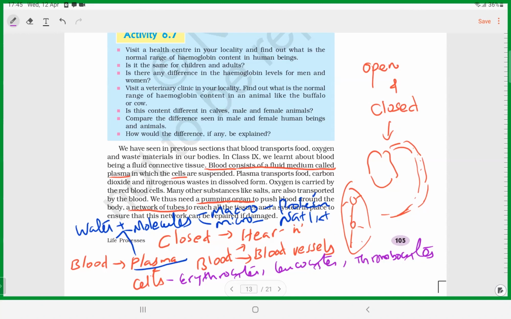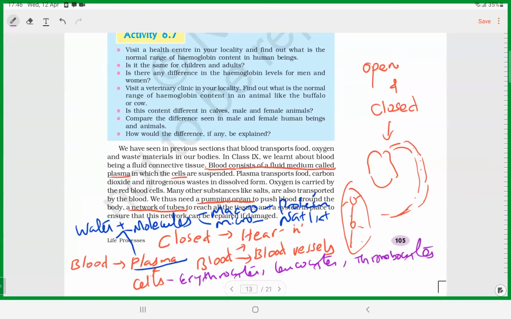Why do we call it a tissue? Because a lot of cells form tissues. Red blood cells, white blood cells, platelets are there. But in what way is this blood tissue different from other types of tissues in the body?